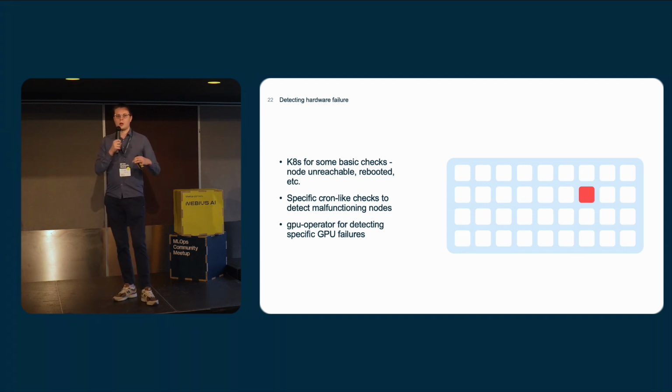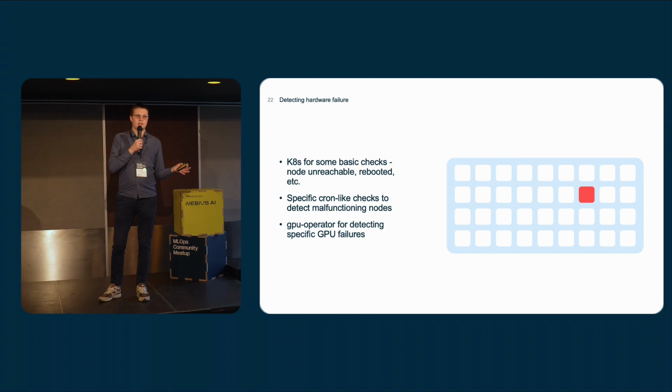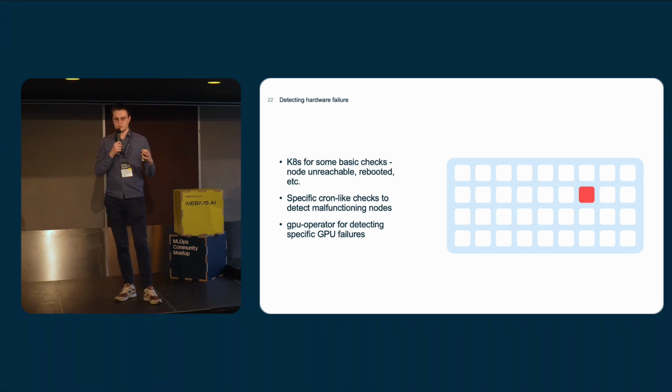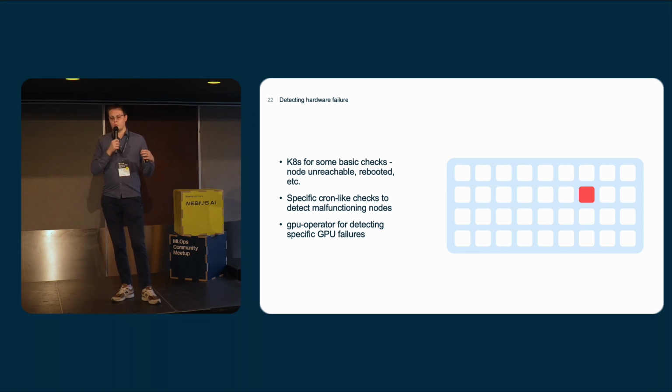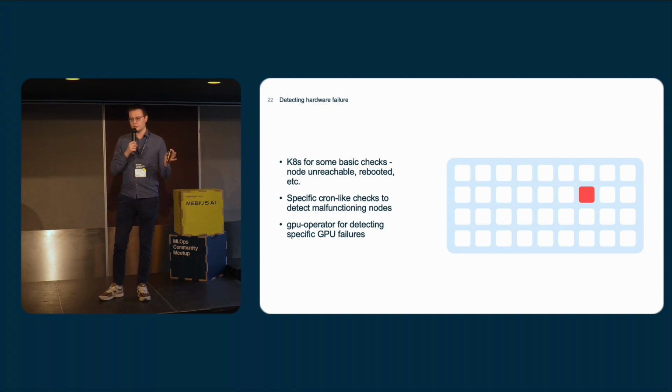For example, we have an inbuilt Kubernetes node health check that automatically disables nodes that are unreachable for some reason. Maybe they're rebooted or something else. Also, we have implemented regular automatic checks that we will talk about a little bit later.